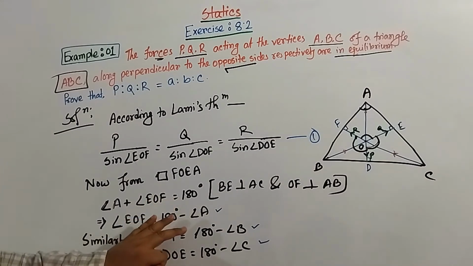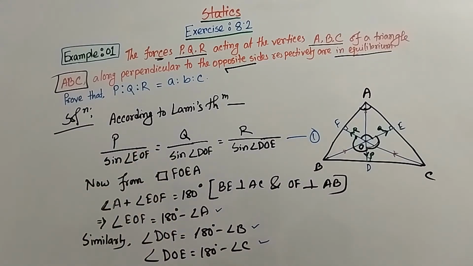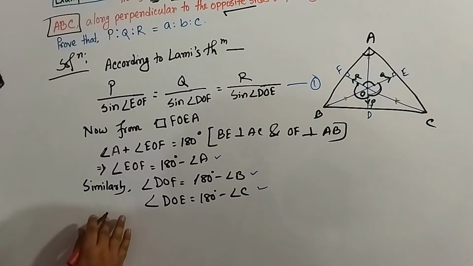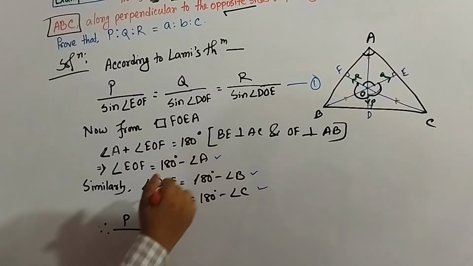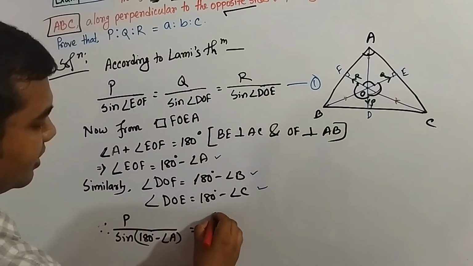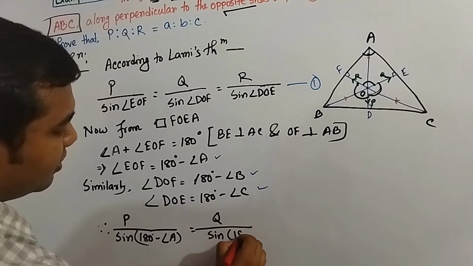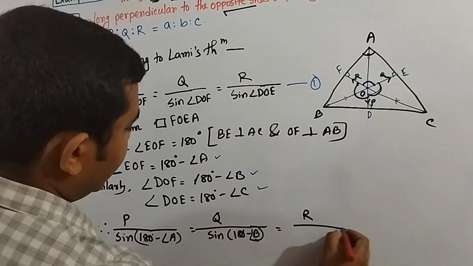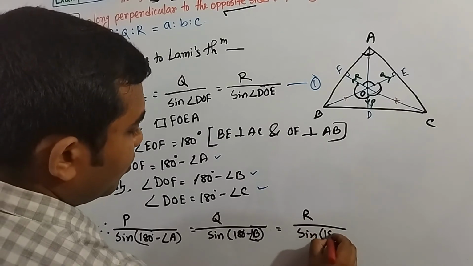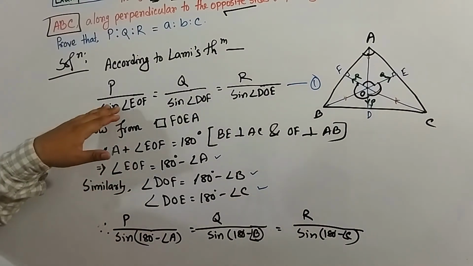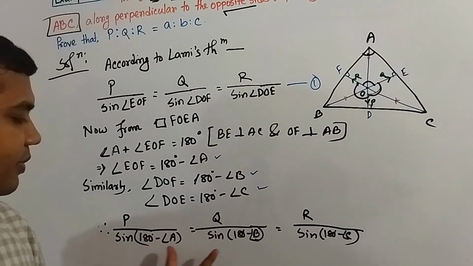If we put all of those values in here, then we can write P over sine of 180 degrees minus angle A, then Q over sine of 180 degrees minus angle B, and here it should be R over sine of 180 degrees minus angle C. Because we have already found these three values, just putting all of them in here.